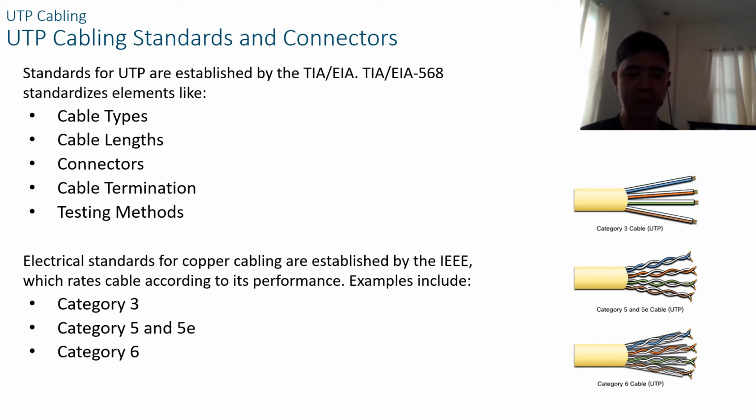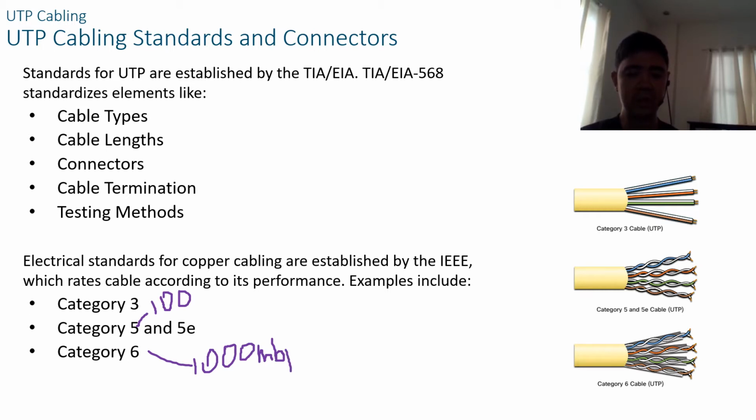Category 5 has a bandwidth of 100 Mbps. Category 6 is 1000 Mbps.